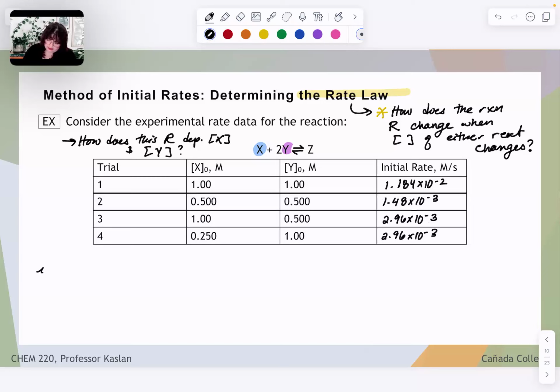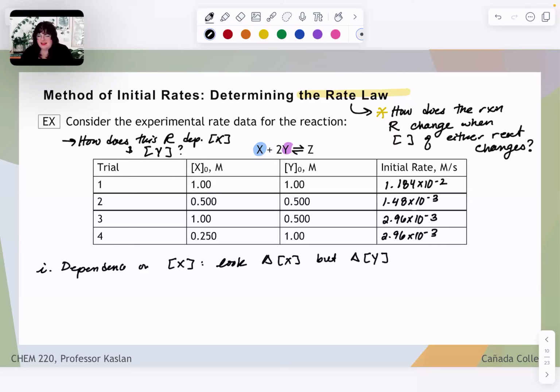So let's start with dependence on the concentration of X. This is where we're going to look for some kind of change in the concentration of X, but we're going to control or keep constant the concentration of Y. Because if we change both X and Y, then the rate's going to change in a way that we don't know is directly because of what, right?